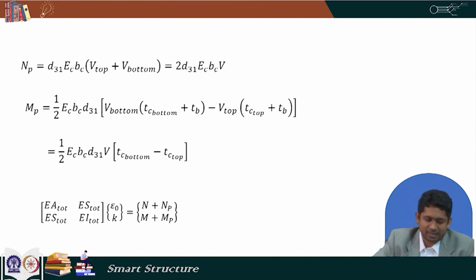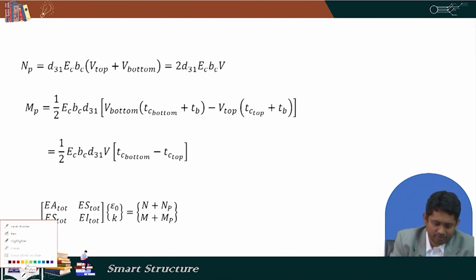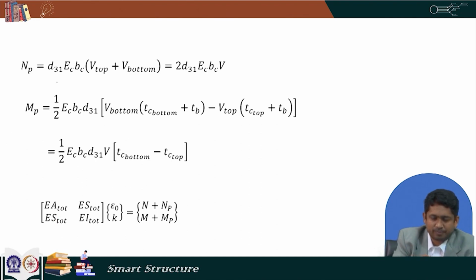Now, we find out our NP and MP. In the similar process that we have adopted so far, we can find out our NP. So, this is the NP, and although the top and bottom voltage are same, just to show it, it has been written separately, V top and V bottom, and MP is this.